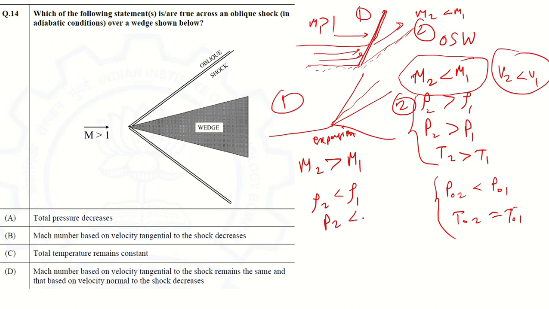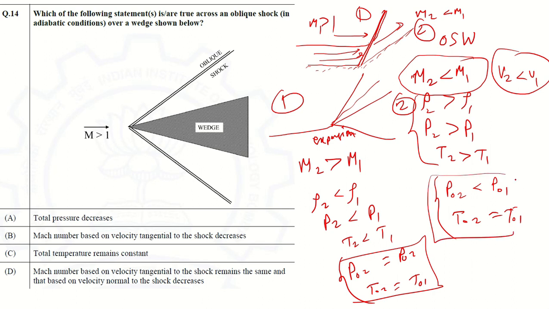Density, pressure, and temperature also decrease like this. But here P02 is equal to P01 and T02 is equal to T01. These two conditions are very important because, as you can see, in the oblique shock wave P02 is less than P01, and in expansion P02 and T02 are equal before and after the shock.